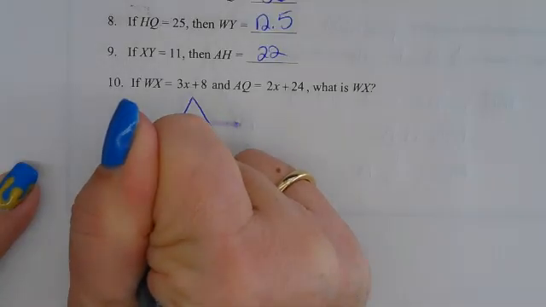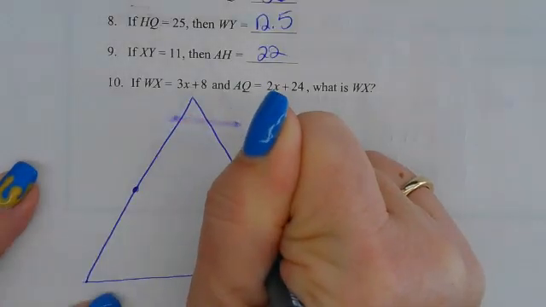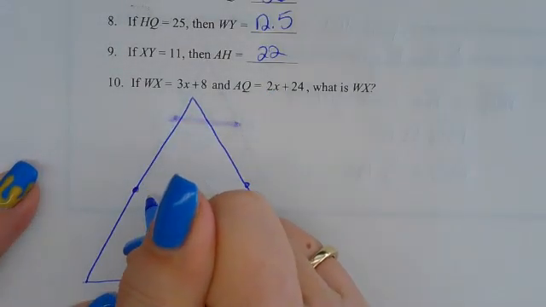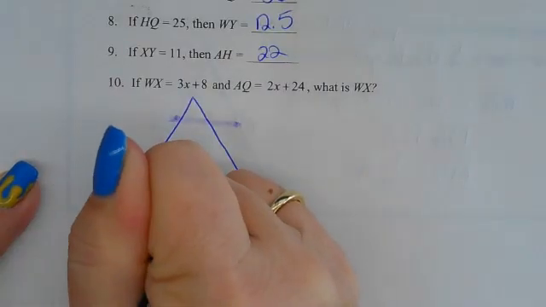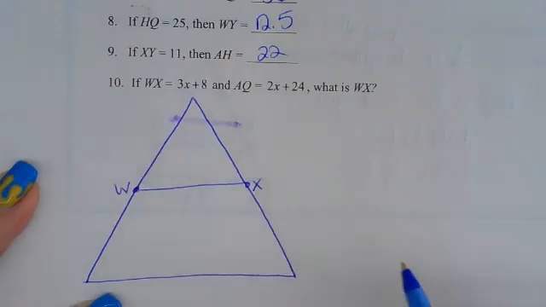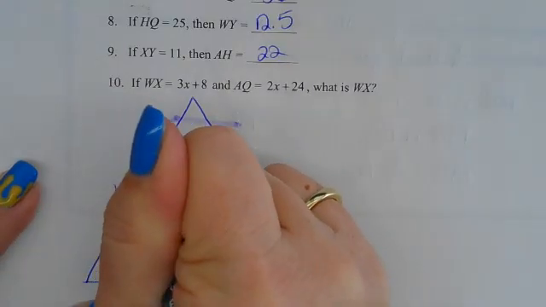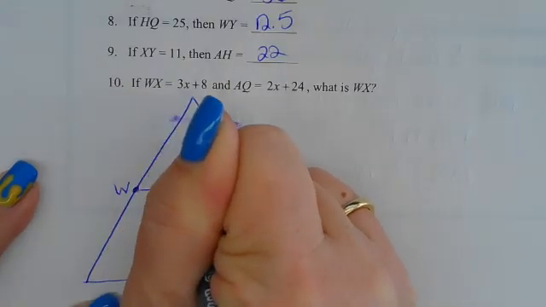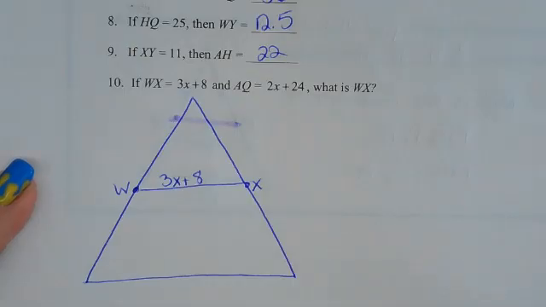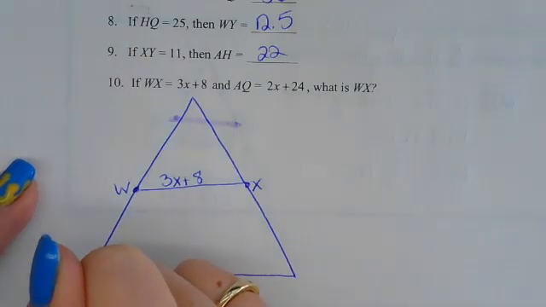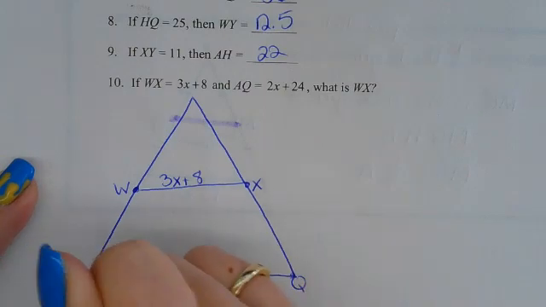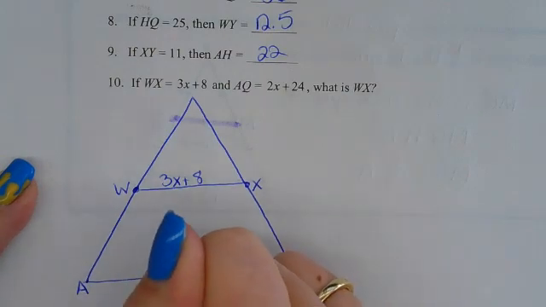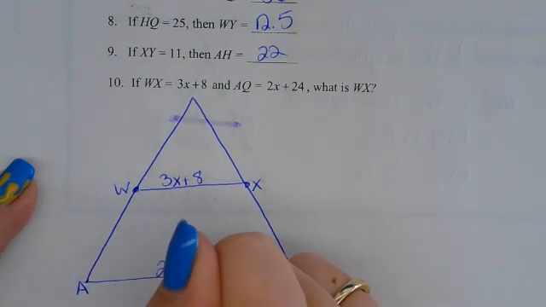So WX is my midsegment. WX is 3x plus 8. AQ is 2x plus 24.